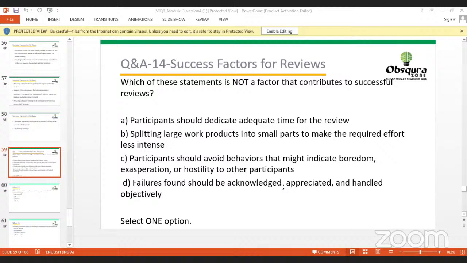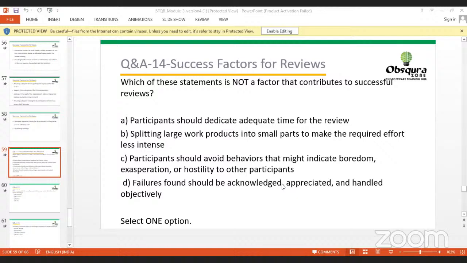So why is it not a factor? It is that word, failure. How does a failure come? We have said that only after the dynamic testing phase, if you identify failures, you identify the failures after the dynamic testing. Whatever issues you identify in the static testing phase is a defect.